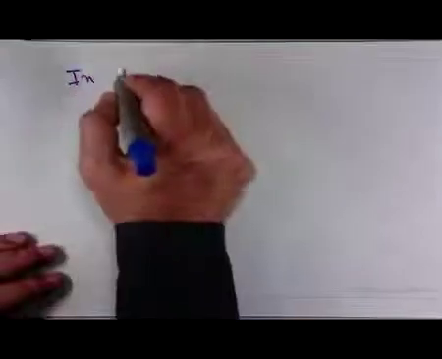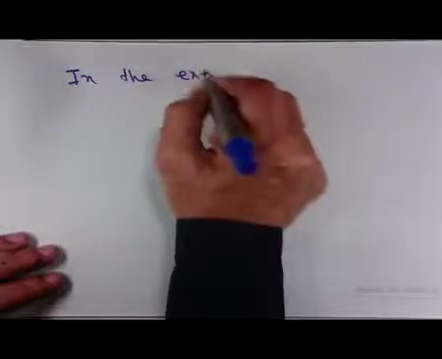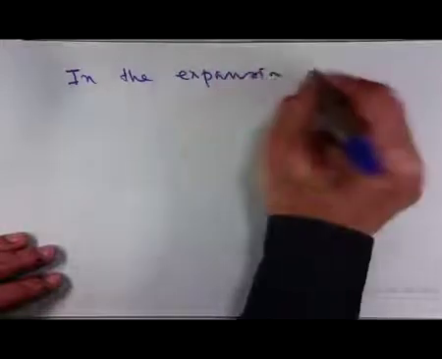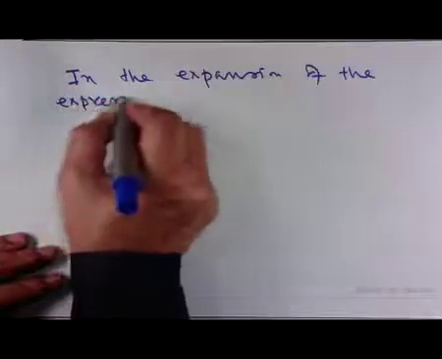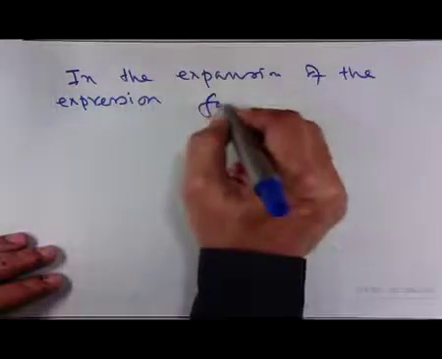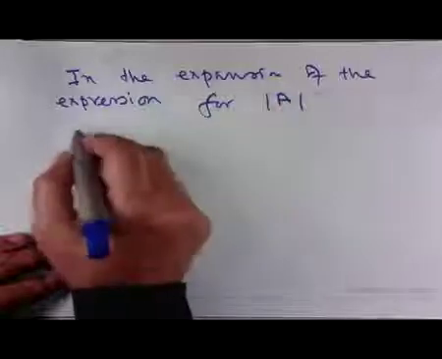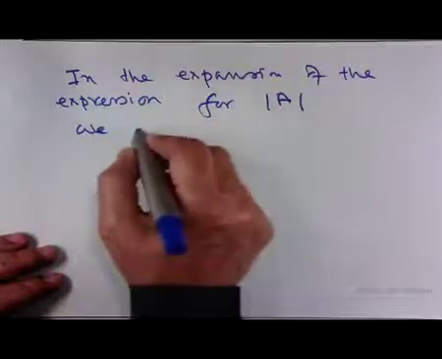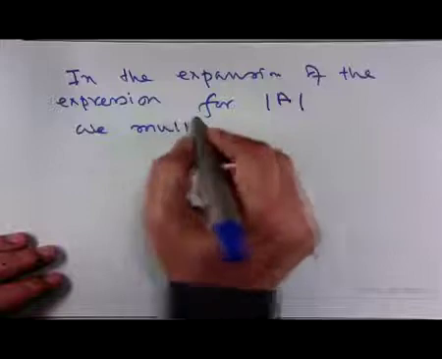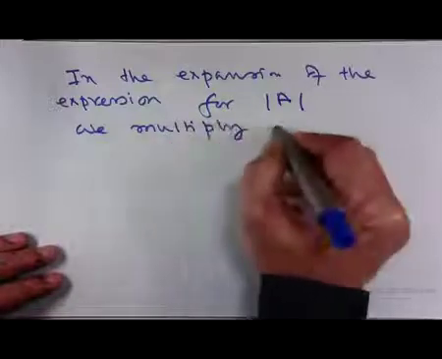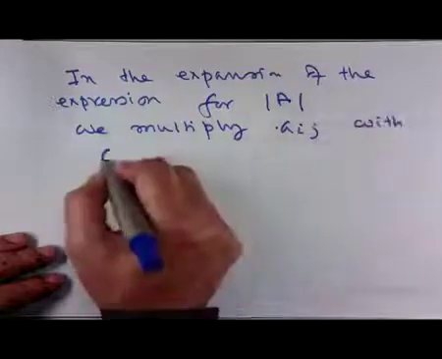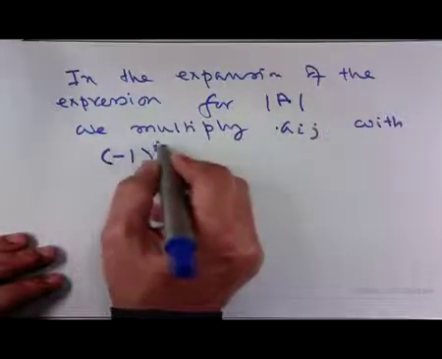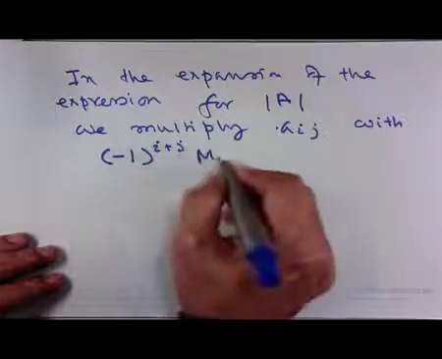Also, we have seen that in the expansion of the expression for determinant of A, we multiply a_ij with minus 1 to the power i plus j into M_ij.